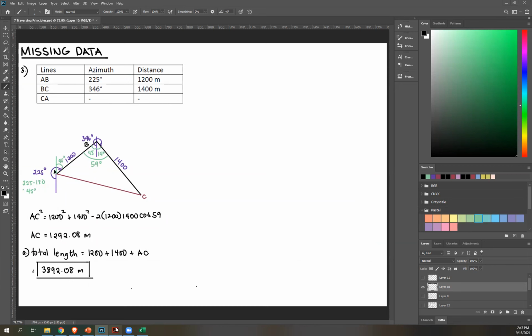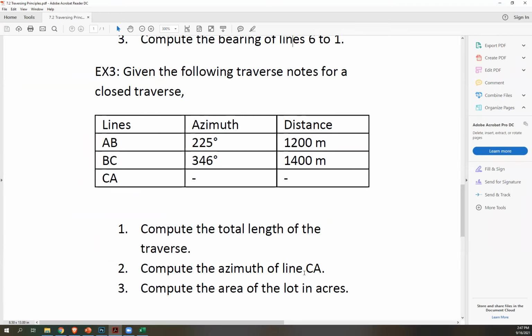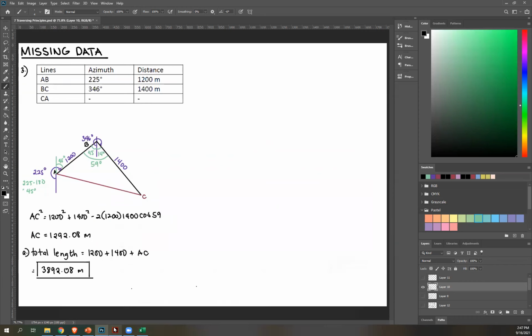Next, part B, what we're looking for, azimuth of line CA. So CA, therefore what I want to get is this. Let's call that theta. So how to get that?